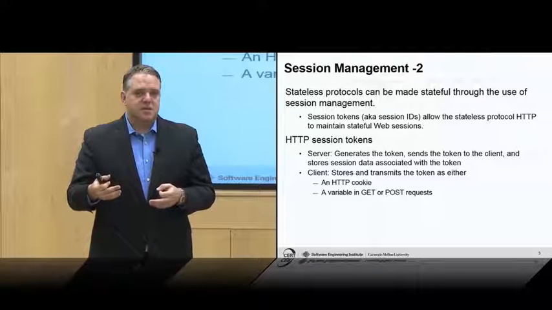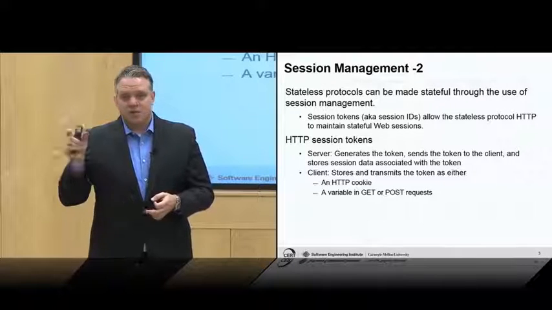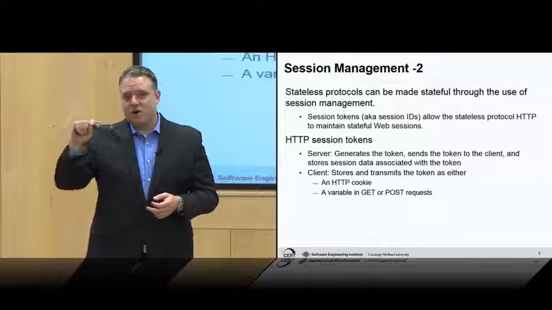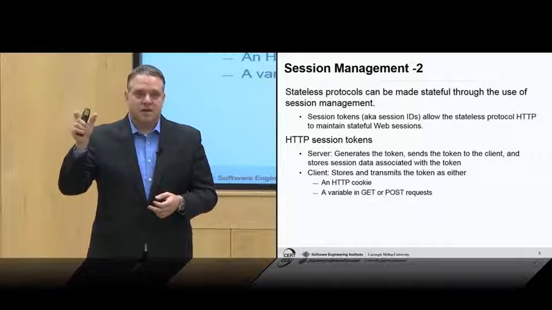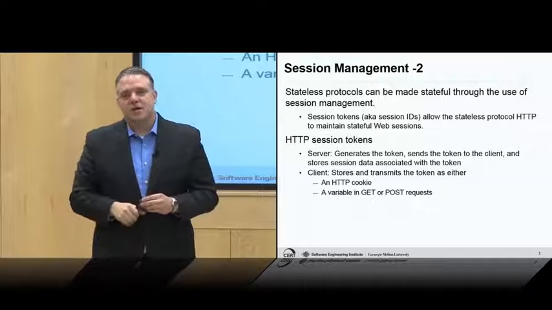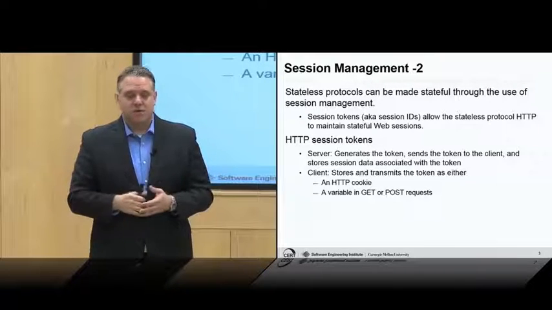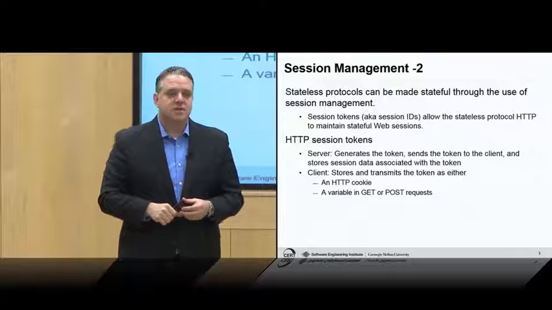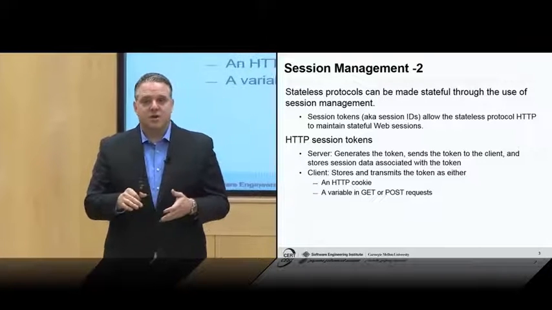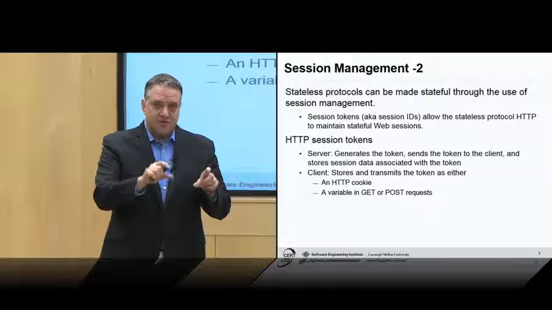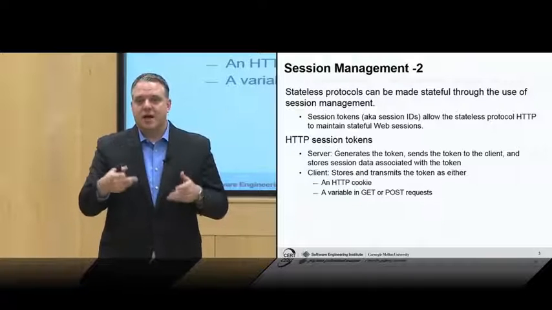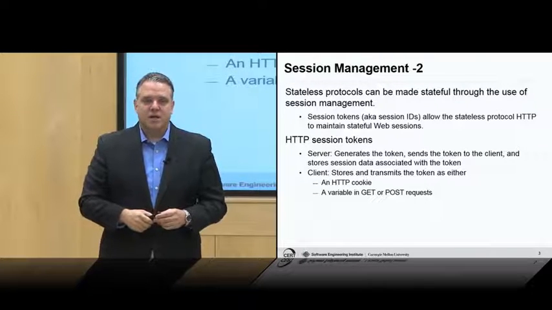And you'll usually see this implemented either as a URL parameter, so you'll have a long 32-character random string in the URL that's tied to your session ID. It could be more or fewer characters than 32. You can also have HTTP cookies, so individual files that get placed on your computer that track who you are and what your related session is.